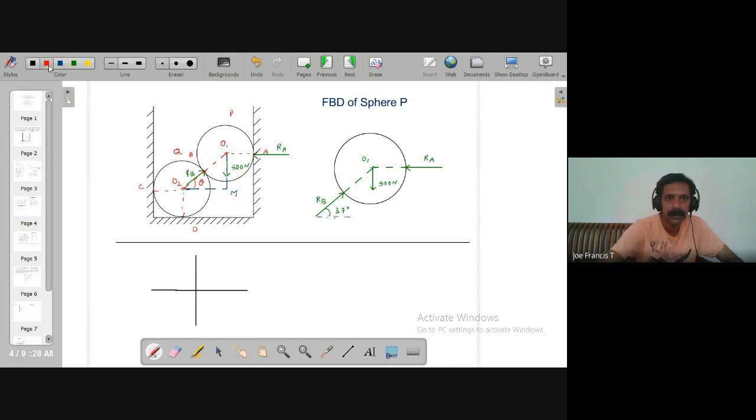So this is x and this is y. I'll try to mark these forces. You have the weight acting downwards. You have RA acting to the left.